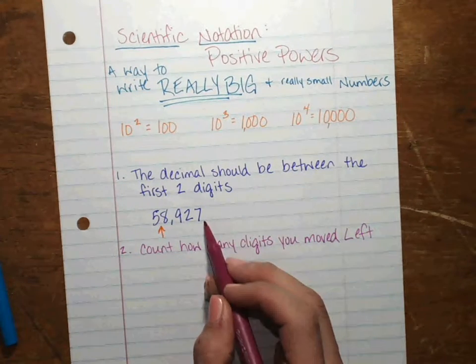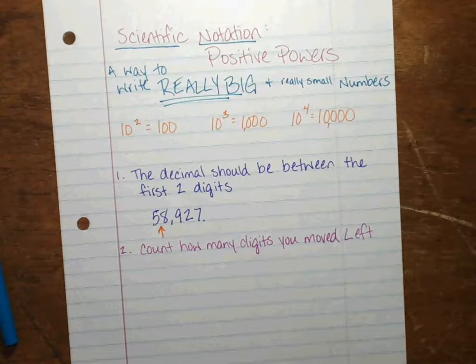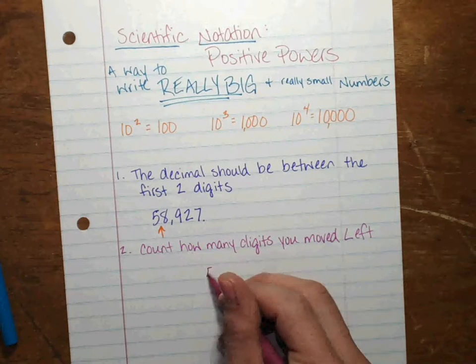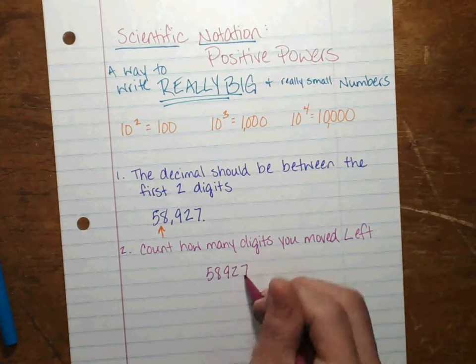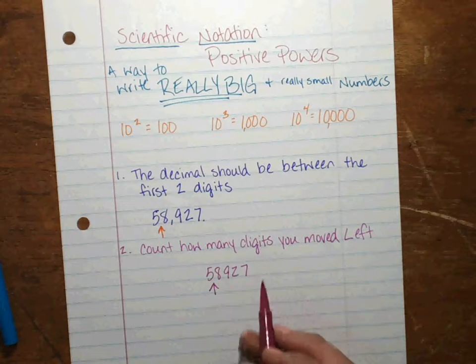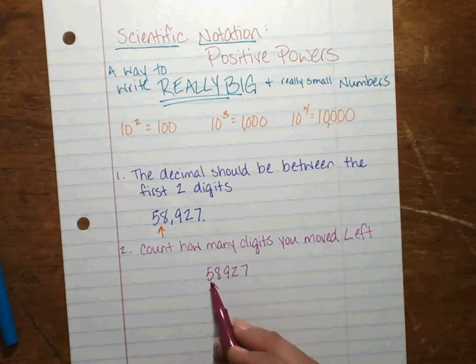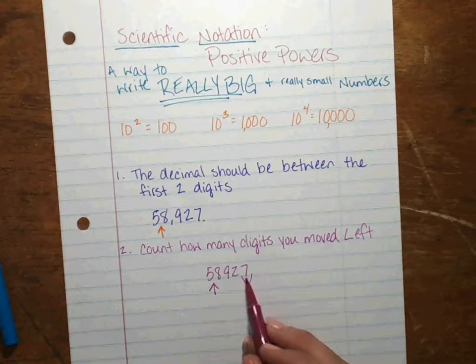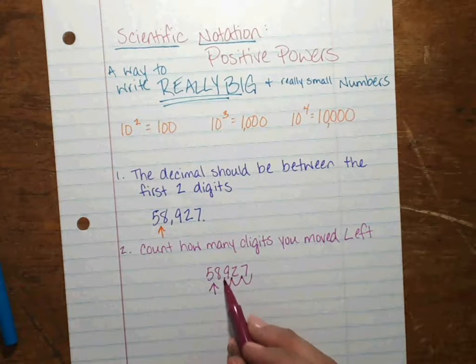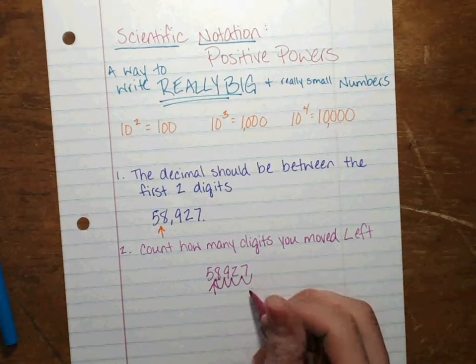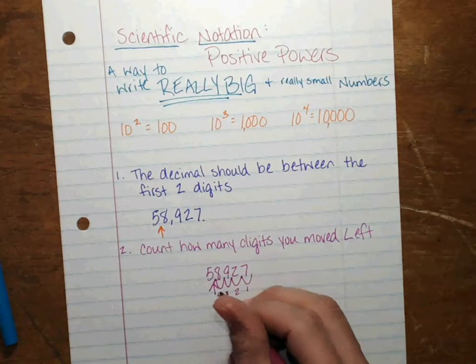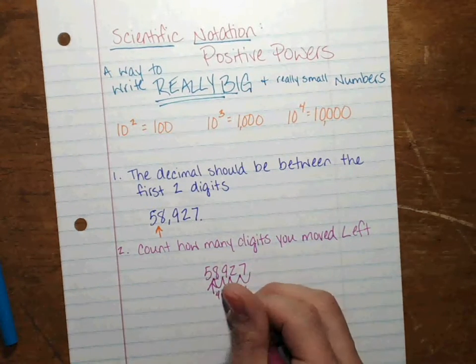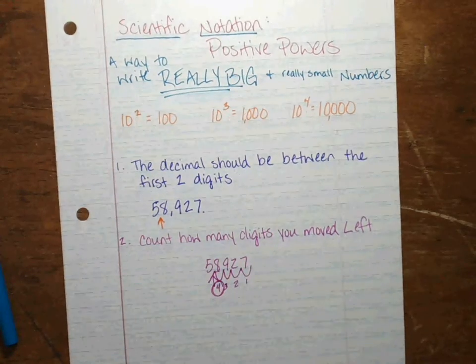If my decimal is originally here, after 5, 8, 9, 2, 7, I need to move it to here. That's 1 jump, 2 jump, 3 jump, 4 jump. So 1, 2, 3, 4. This becomes my power.